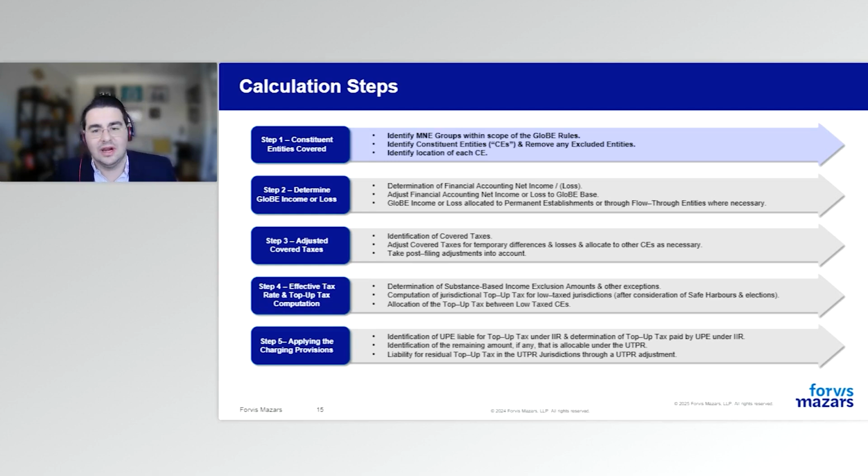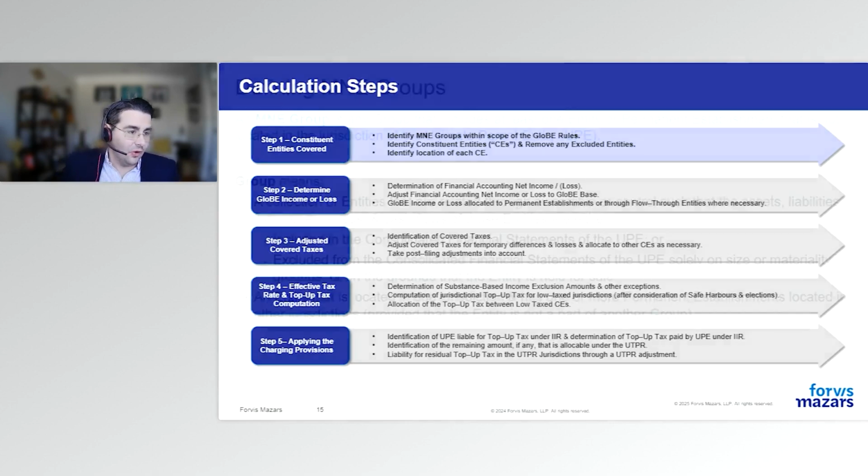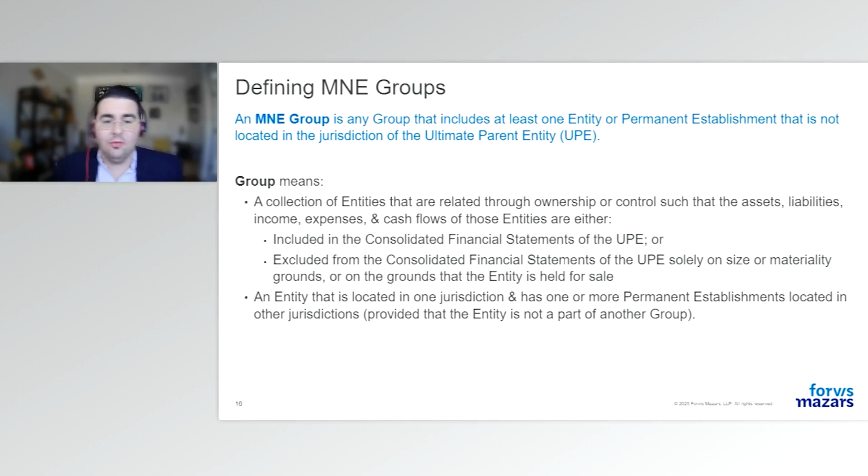Today we're going to investigate and analyze how certain crossover rules from Article 6 play into figuring out who the M&E group is, and we'll even cascade a little bit into step 2 and step 3. When you do have a transaction, what does that mean for GLoBE income and loss, specifically when you transfer assets and liabilities? So without further ado, let's go back and rewind.